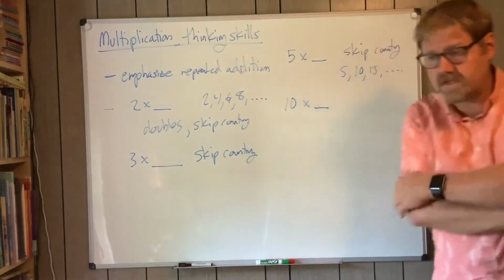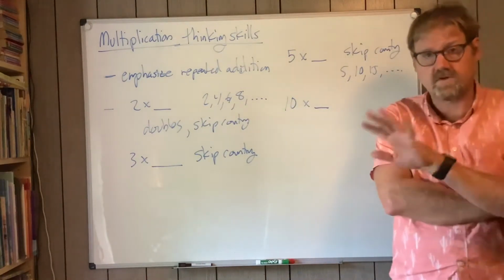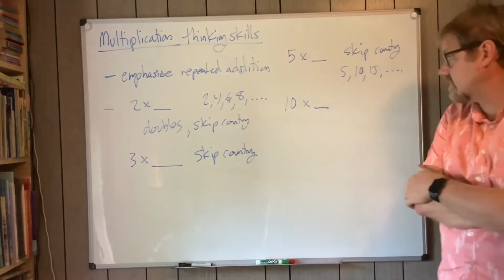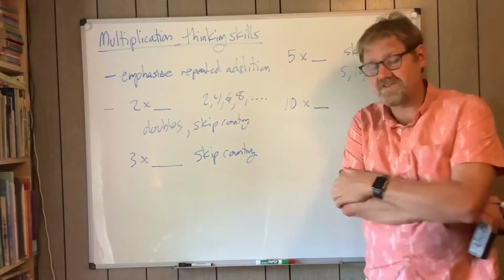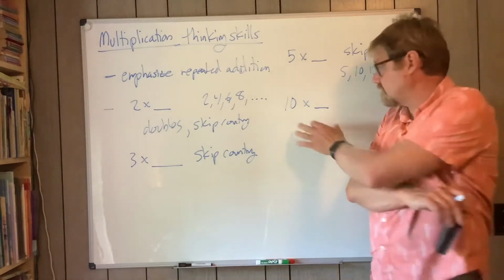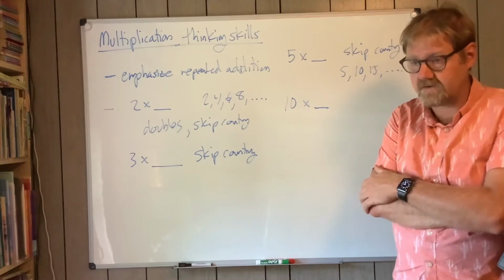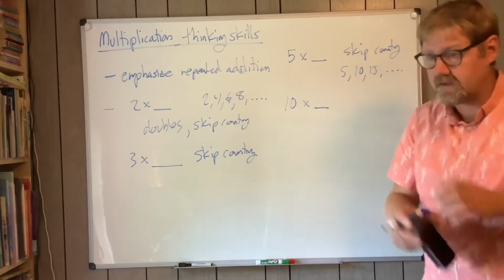And then multiplying by 10 is actually pretty low-level multiplication. If you think about this as repeated addition, it may seem difficult, but once you learn the rule, it's pretty straightforward: adding the 0 there.